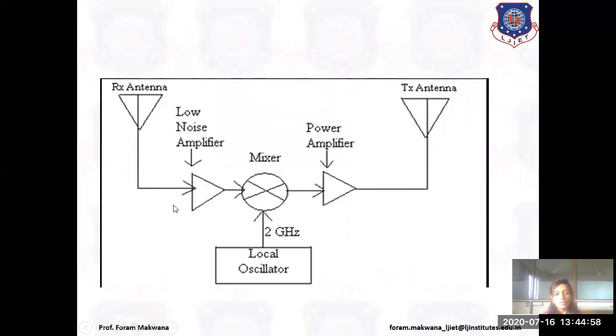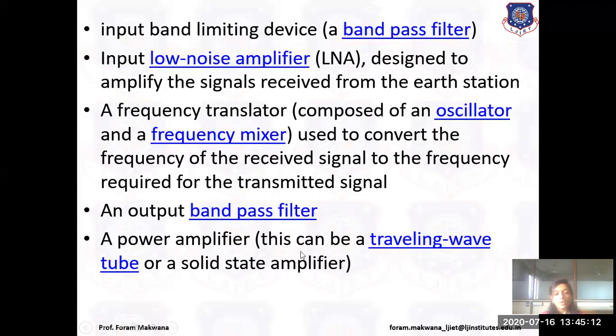So it is noticeable that our input frequency is also in the gigahertz. So we have to make sure that our amplifier should amplify the signal having a higher frequency range in terms of gigahertz. That's why we have to use a microwave amplifier. One of the amplifiers that can be used is a traveling wave tube or solid state amplifier. All right.